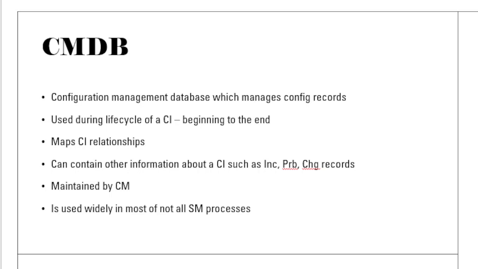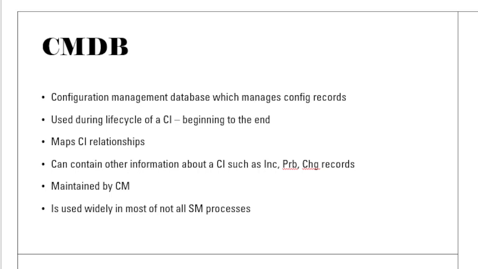CMDB. What's CMDB? So this stands for Configuration Management Database, which manages configuration records. So during the life cycle of a CI, it tracks its journey from its beginning to its end, from the point of it being deployed to the point of it being retired.